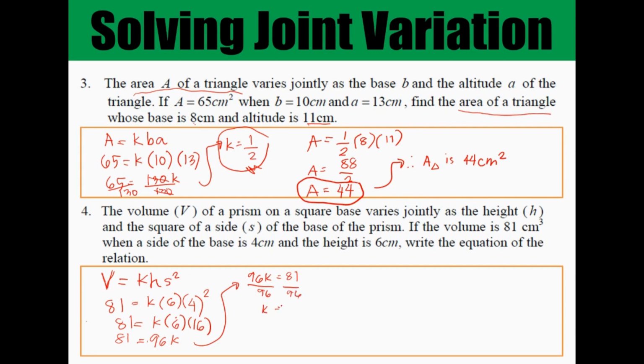So, K equals 81 divided by 96 is 27 over 32.